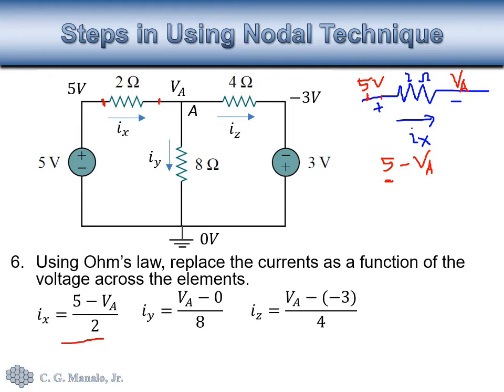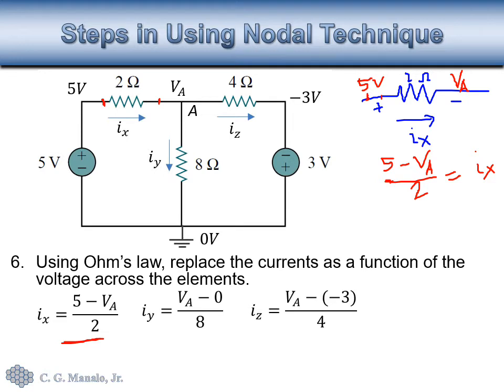So that is 5 minus VA, the voltage across the 2 ohms. So by Ohm's law, voltage divided by the resistance must be the current flowing through the 2 ohms, and that should be equal to I sub x. So that's why we have here I sub x equals 5 minus VA divided by 2 ohms.